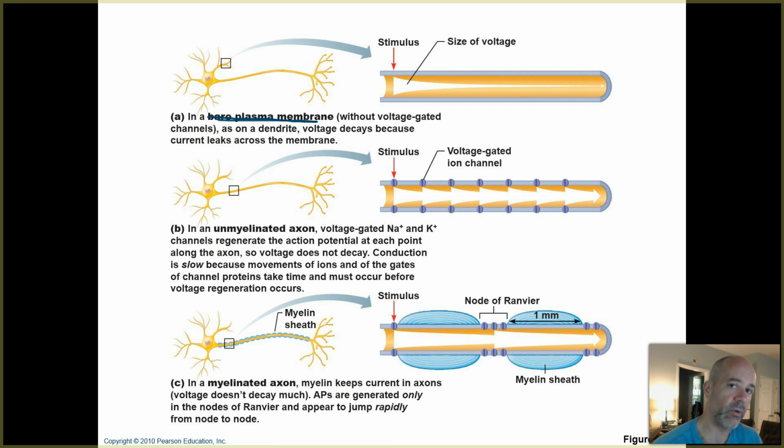You might have a depolarization there, but you're never going to achieve an action potential. And you've got all those sodium and potassium leak channels that you learned about in the resting membrane potential video, and those are just going to wind up resetting your charge difference across the membrane.